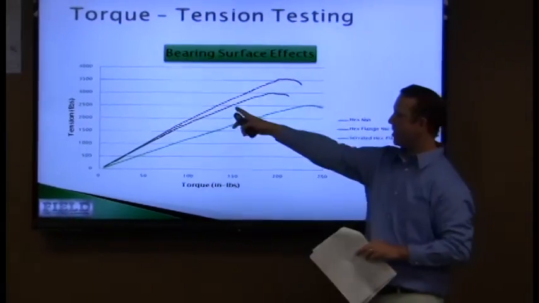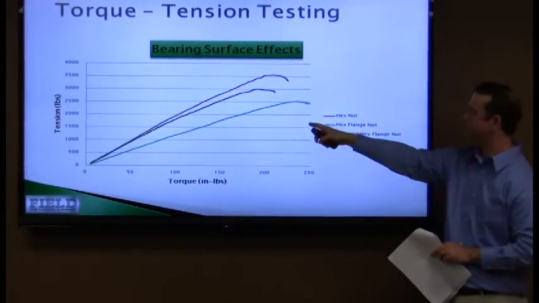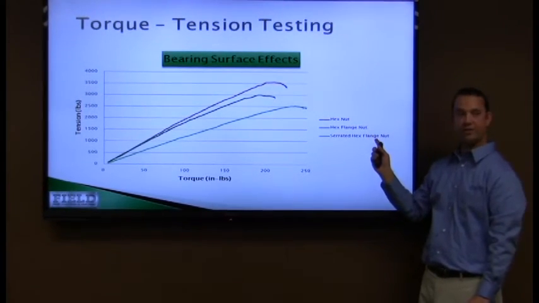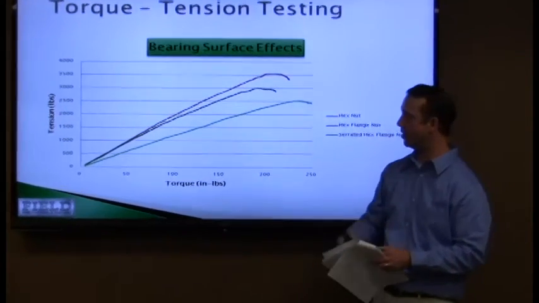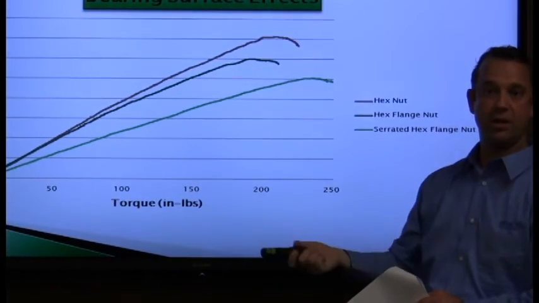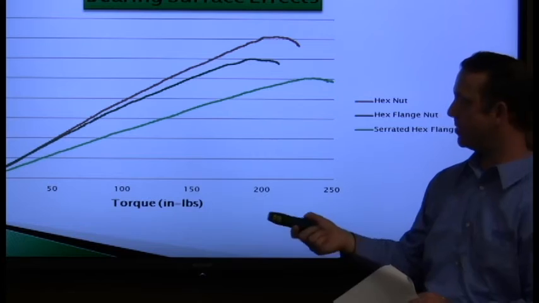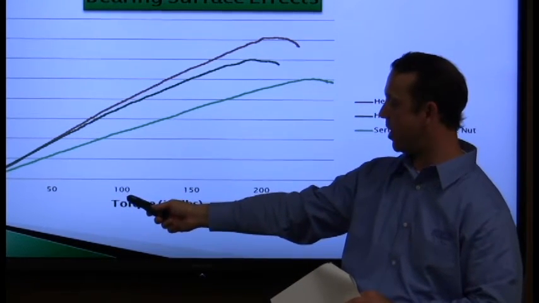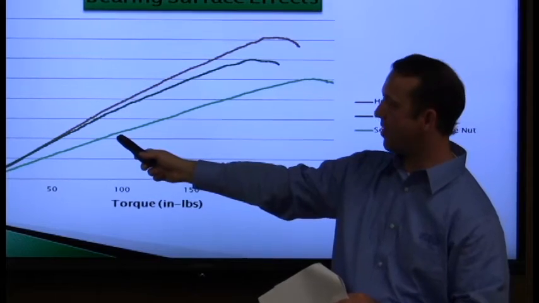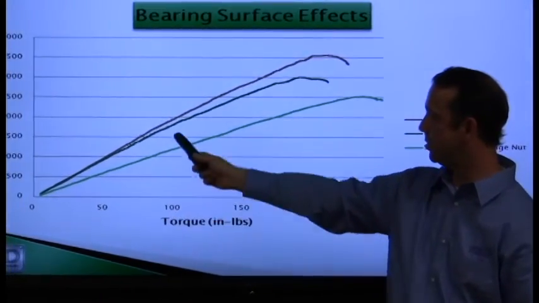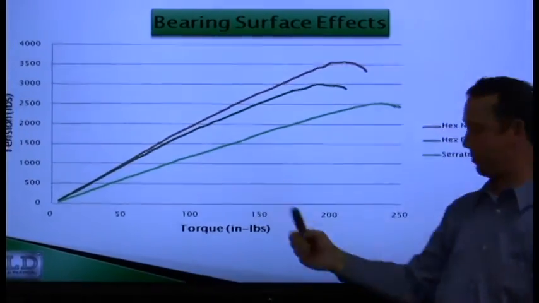Again, the brown line is the hex nut, the dark green line is your hex flange nut, and the light green line is your serrated hex flange nut, like Nathan just tested. So now our torque-tension relationship has changed because we've added the serrations to the bearing surface. If we pick a point on the graph, for instance, 100 inch-pounds of torque, we're only creating about 1,100 pounds of clamp load, versus with the other two, we get much higher clamp load at that same torque.